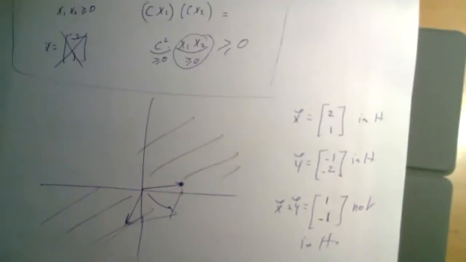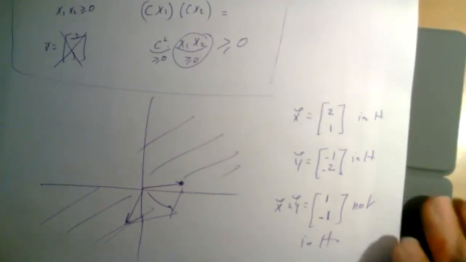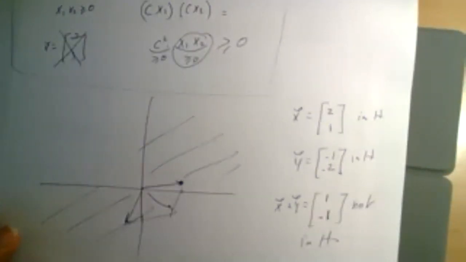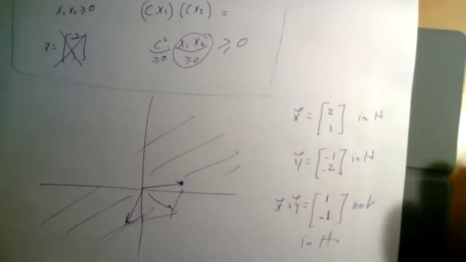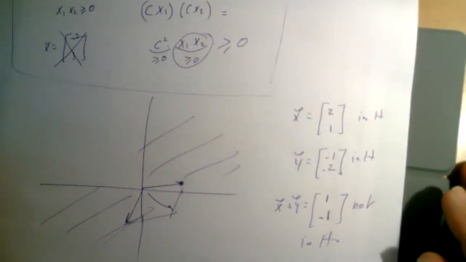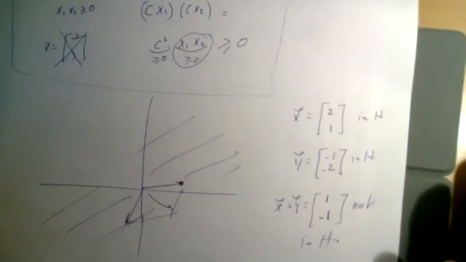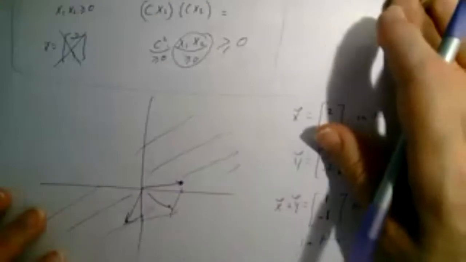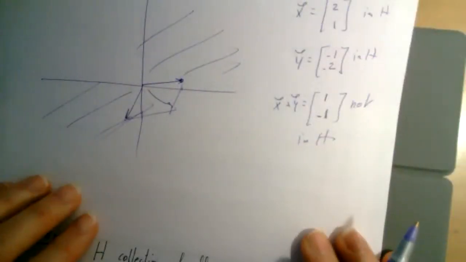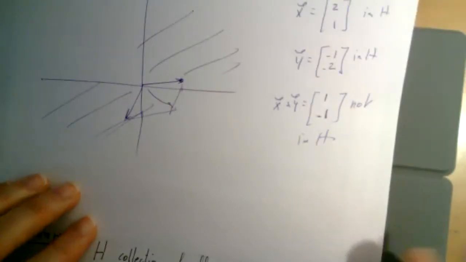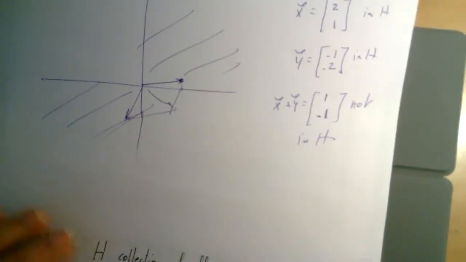But before I move on to my third and fourth example, I would like to make a note. Let us say we didn't see examples and we didn't know whether it's closed or not, and we tried to show it algebraically. Where will our algebraic approach fail?